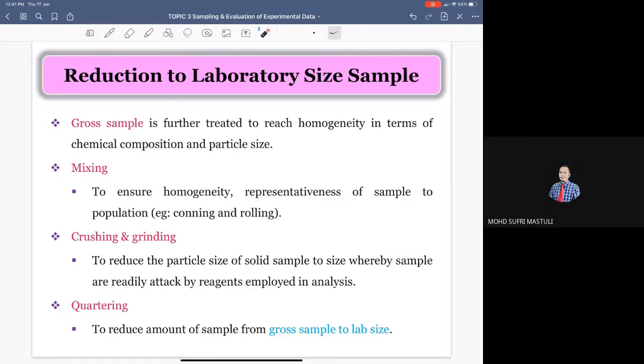And also, if we are dealing with a solid sample, we have to apply the quartering technique to reduce it into the laboratory size sample. The quartering technique reduces the amount of solid sample from the gross sample to the lab size.